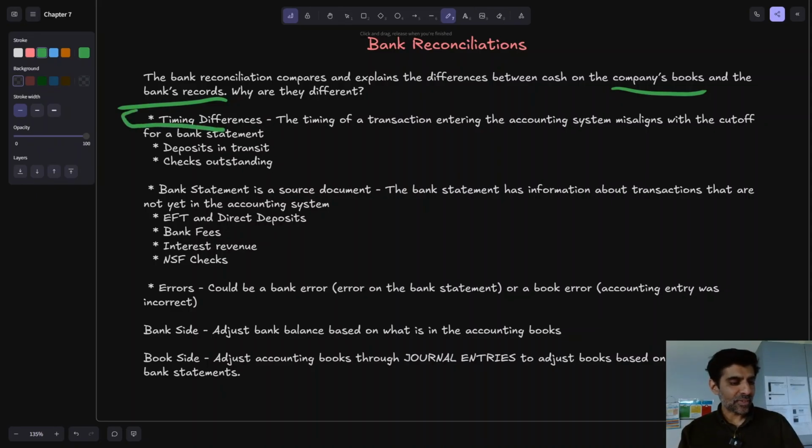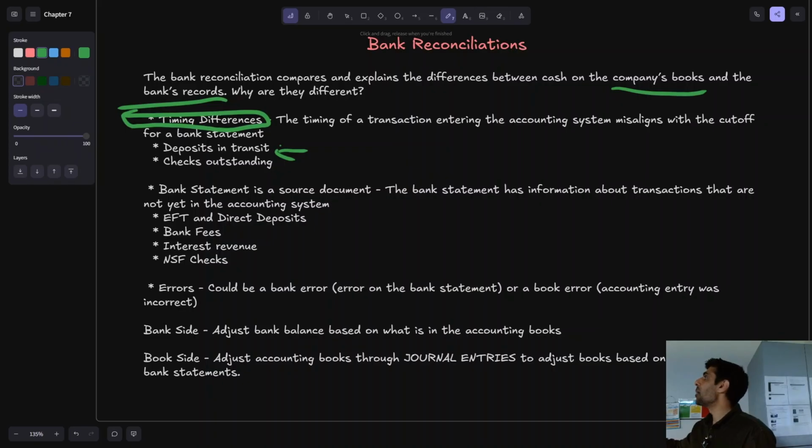So timing differences. There may be misalignment between when something enters your accounting system and when it hits the bank. An example of this is deposits. Let's say you've collected a bunch of checks from your customers, it's sitting in your office, you've gone to your accounting system and accounted for them, you debited cash, credited accounts payable or whatever it was, or revenue, whatever that journal entry was.